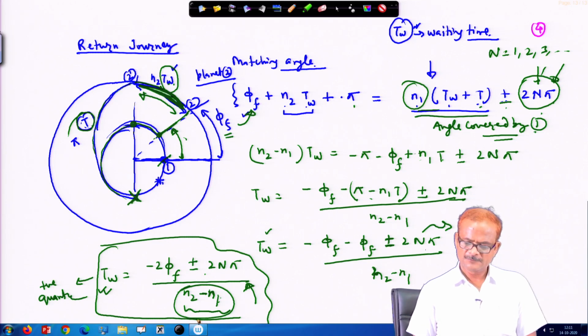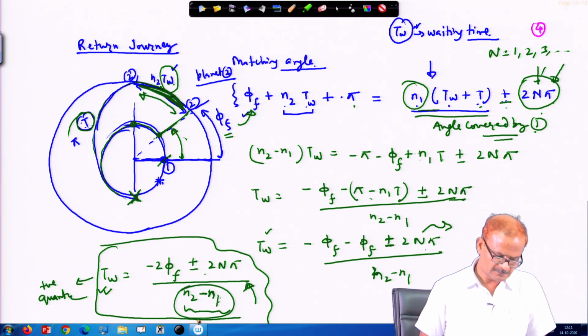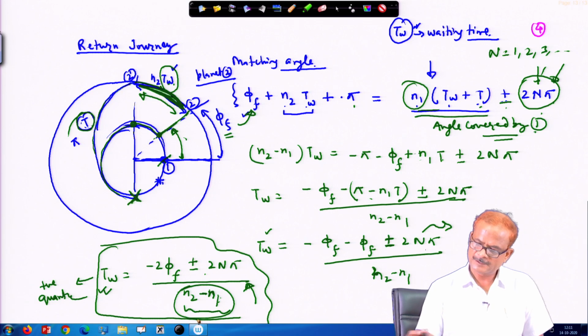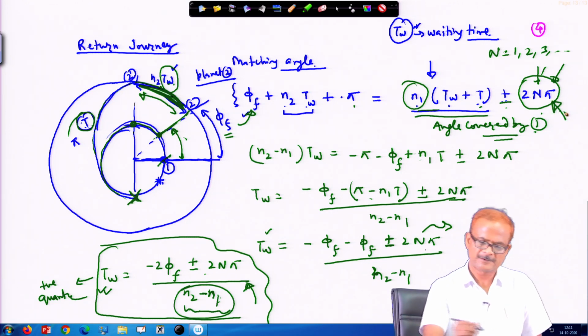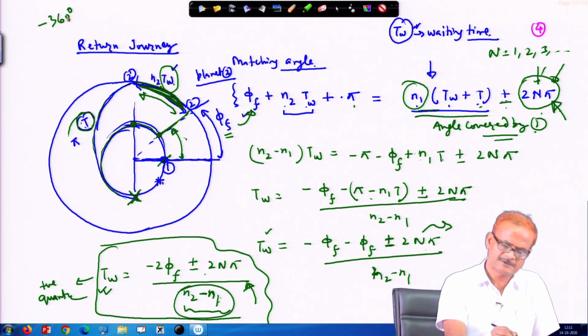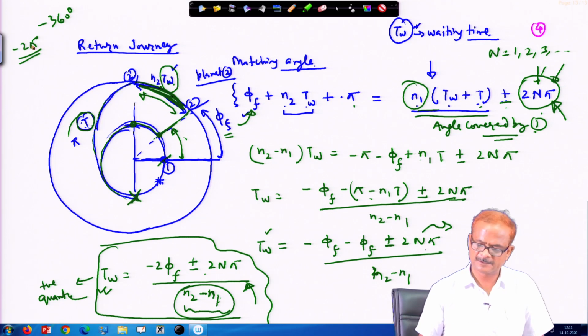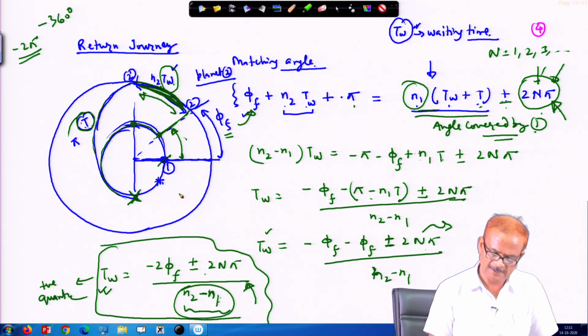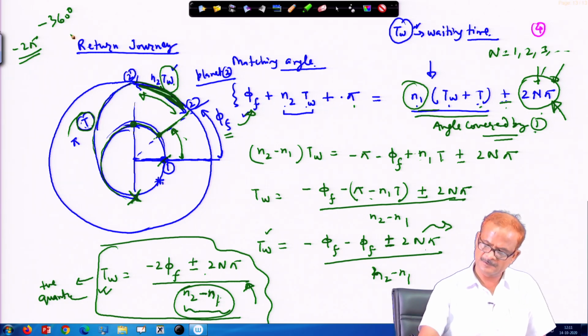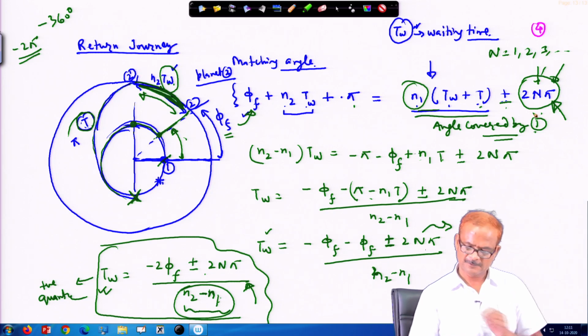So, I will suggest doing the problem the way I have done, and to that you can always add this quantity plus minus 2n pi. Just like, if you remember, I have subtracted 360 degrees, that means I am subtracting 2 pi, so the minus sign I have taken there. So, if many times you are not able to visualize, then you can just take help of the equation and then work it out.